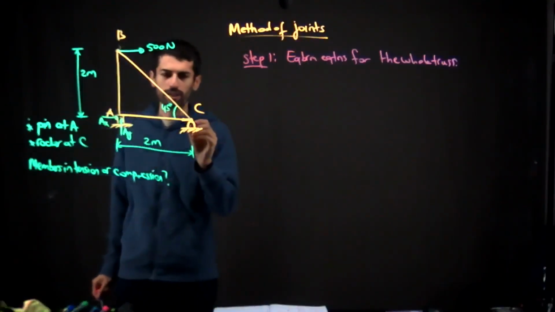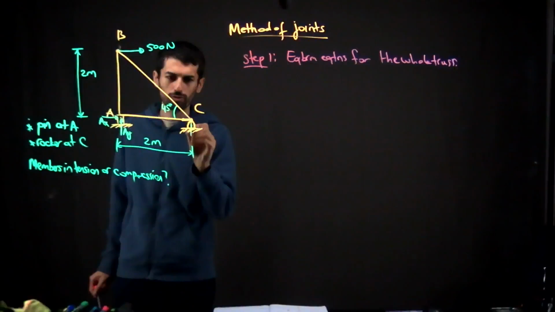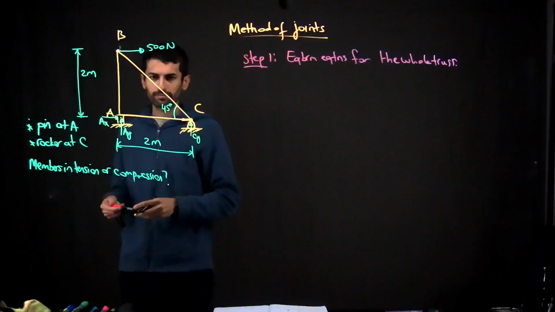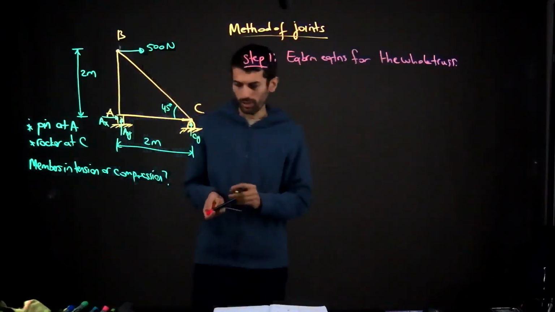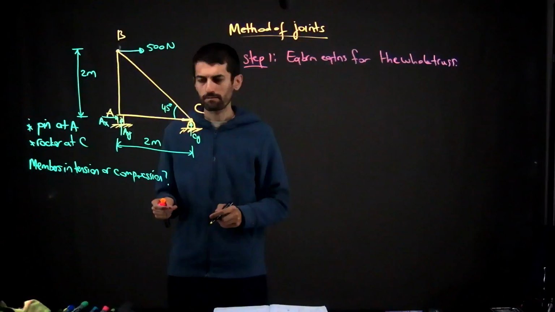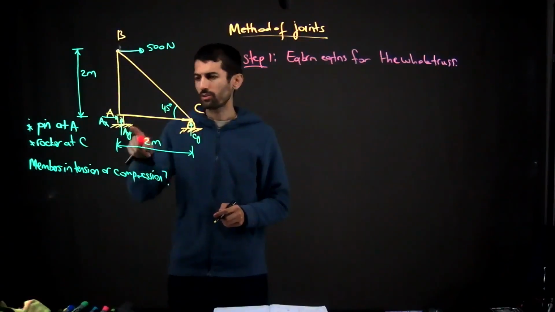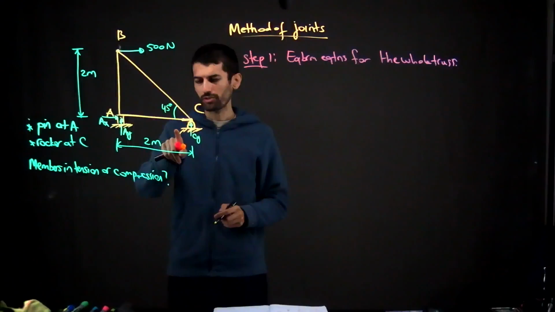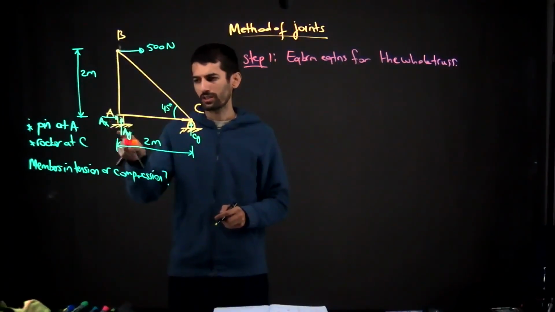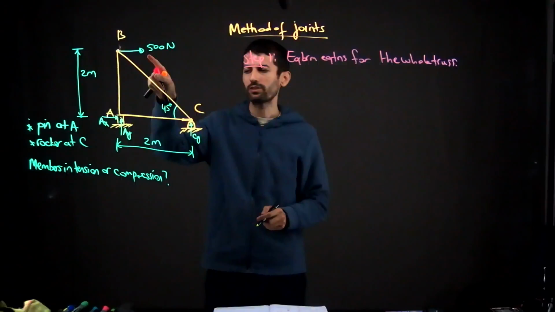Similarly, the rocker at C will have a reaction force of CY only, because it is free to move in X direction. Okay, so we have the normal force or reaction force here, which is CY, and then we have the AX and then AY, and then we have 500 newtons.